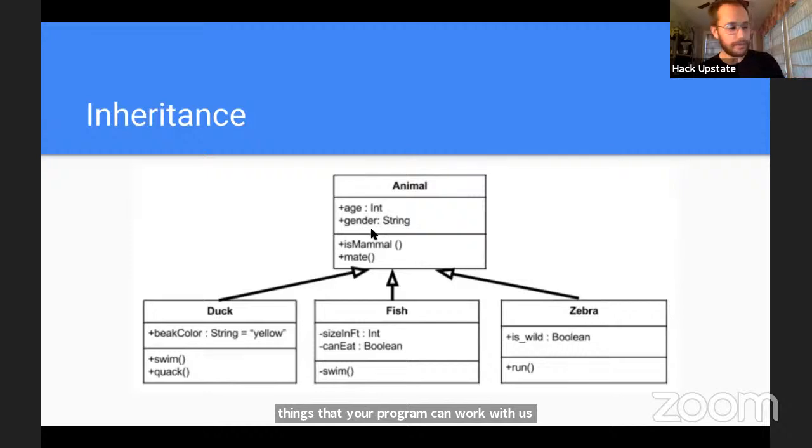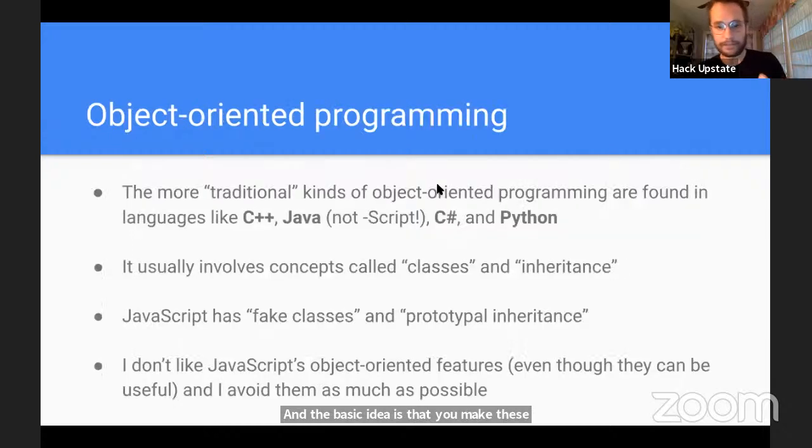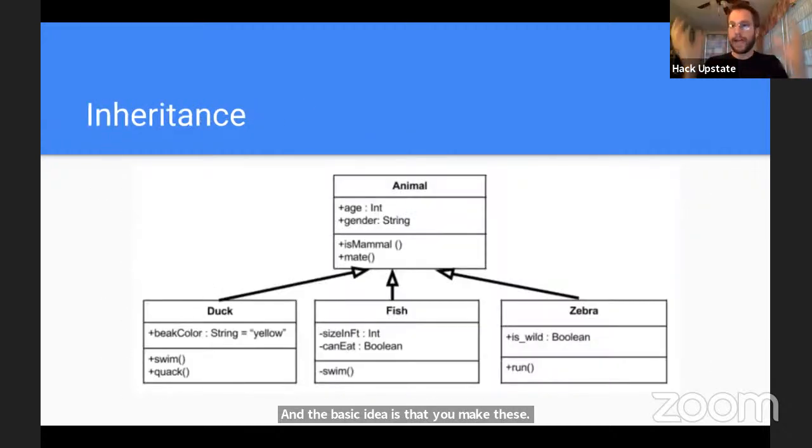And the basic idea is that you make these, I haven't even defined class properly. A class is basically a factory for creating objects. It's a template, a pattern that gives you objects of a certain pattern. So in this diagram, animal is a class, duck is a class, fish is a class, zebra. And when you make new animals, new this, new that, that's where the new keyword comes in JavaScript. You are making objects that follow the pattern that's defined in your class. That's really the whole concept there.